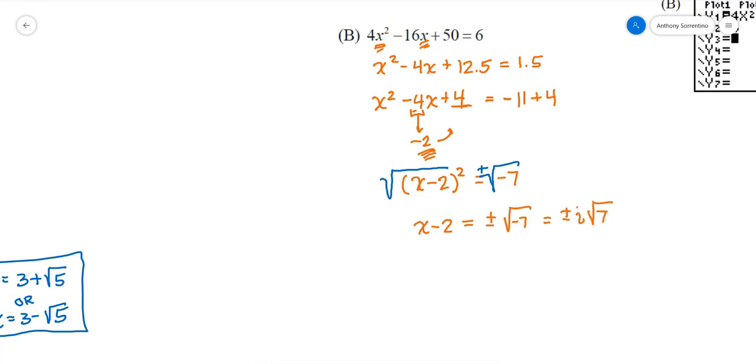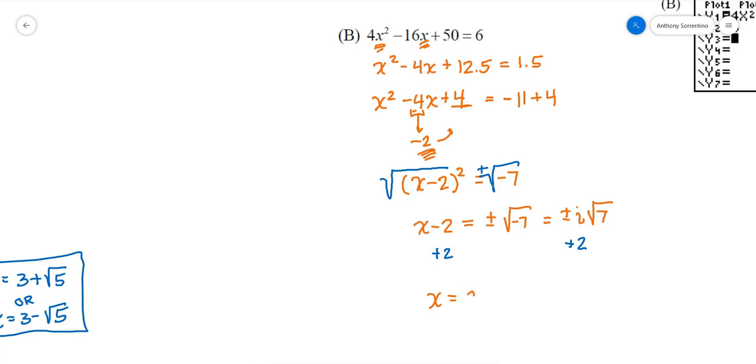So notice I'm getting a complex number here as a solution, because the last thing I'm going to do here is add 2 to both sides. And I'm going to end up with x alone on the left. 2 is a real number. Square root 7 times i is a non-real number. I can't combine them.